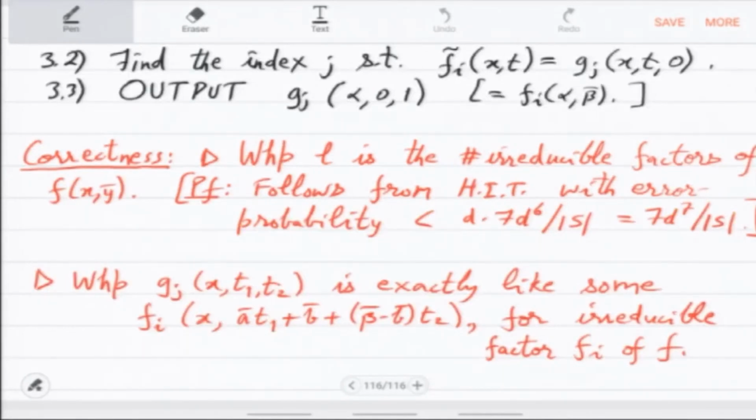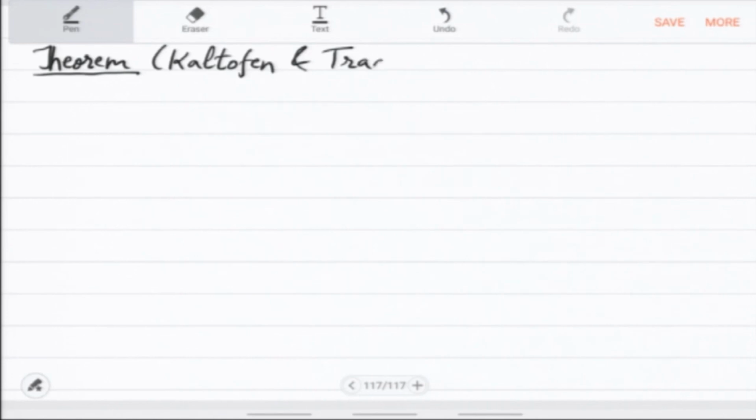So what we have shown now, after all this hard work, is the following classical theorem by Kaltofen and Trager.